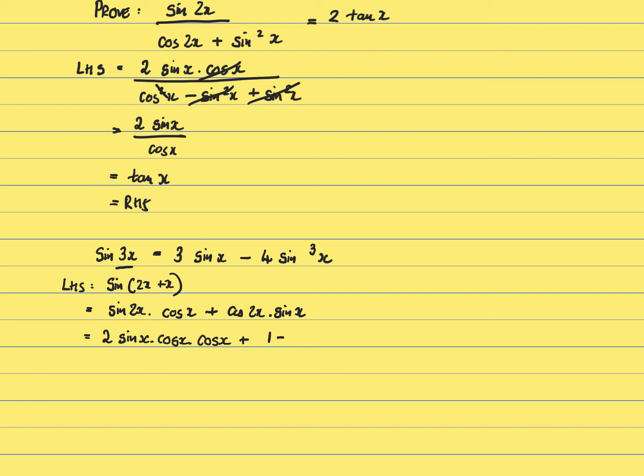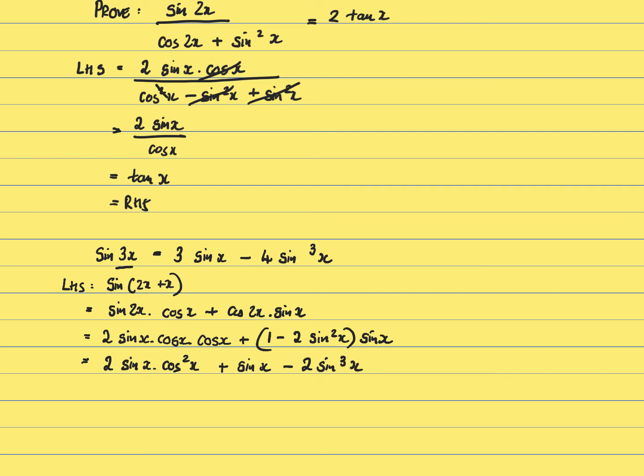So I'm going to choose the 1 minus 2 sine squared x times sine x. What have I now got? I've got 2 sine x times cos squared x plus sine x minus 2 sine cubed x.